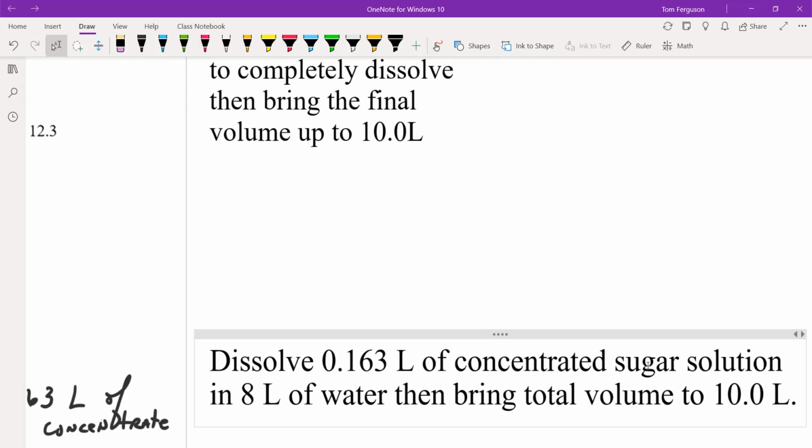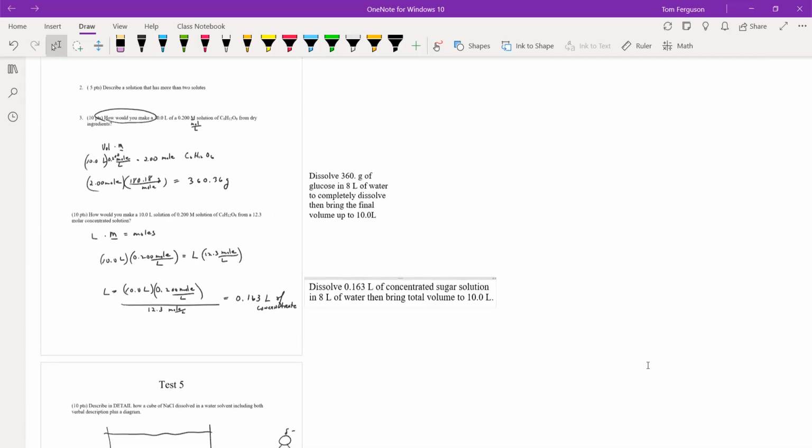So that's two approaches on making solutions. One starts dry, one starts concentrated.